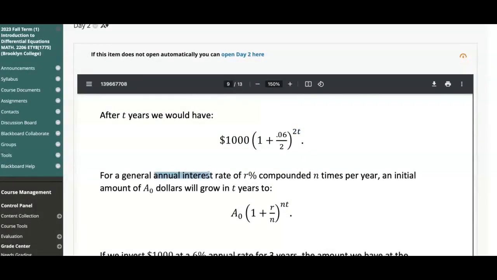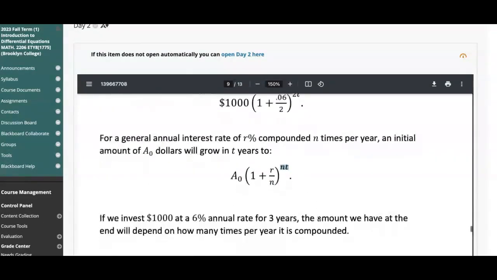So for a general annual interest rate of R% compounded n times per year, we have this one: initial principal times 1 plus R divided by n, because R is the annual interest rate, divided by n, how many times it compounds, then raised to nt.